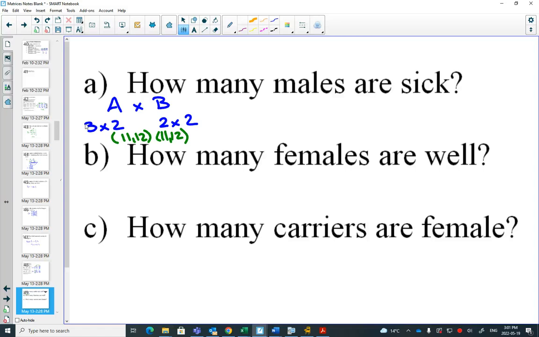But in this case, since we had these two numbers make sense, we will get a new matrix. This new matrix will be a 3 by 2. 3 rows, 2 columns. The 3 will stand for well, sick, carrier, and the 2 will be male and female, because that's what the 3 and the 2 stood for on the outside.